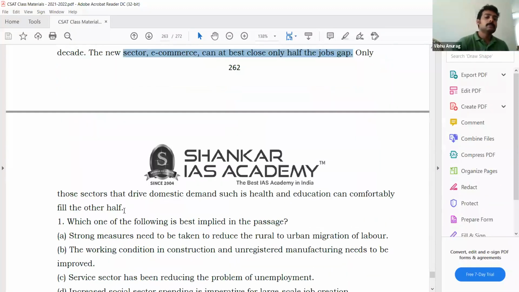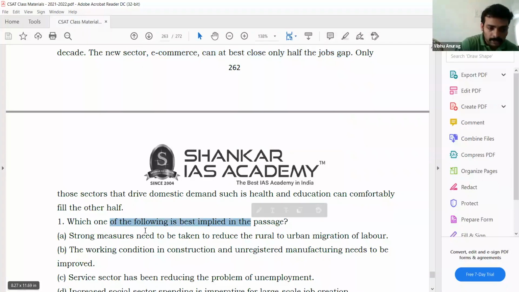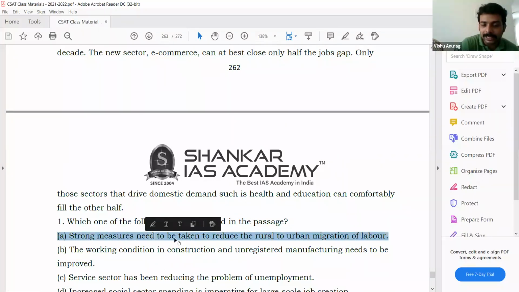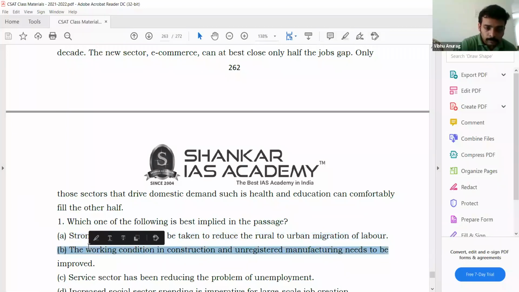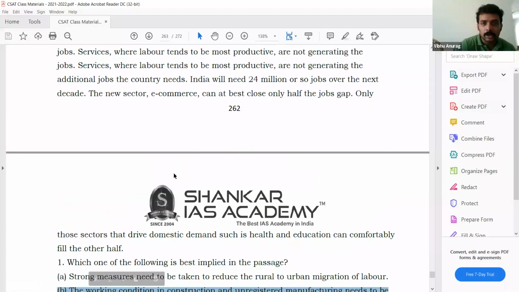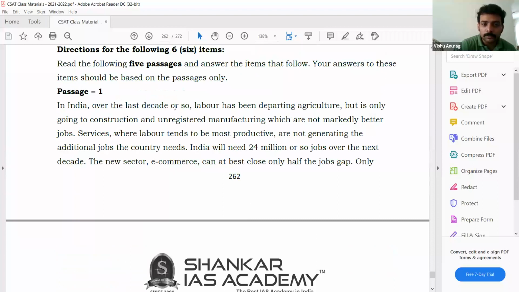Now, which of the following is best implied? Option A, strong measures need to be taken to reduce the rural to urban migration of labor. The author does not talk about rural to urban migration, so A is off topic. Eliminate it. Option B, the working condition in construction and unregistered manufacturing needs to be improved. He's not talking about what we should do in construction and unregistered manufacturing.